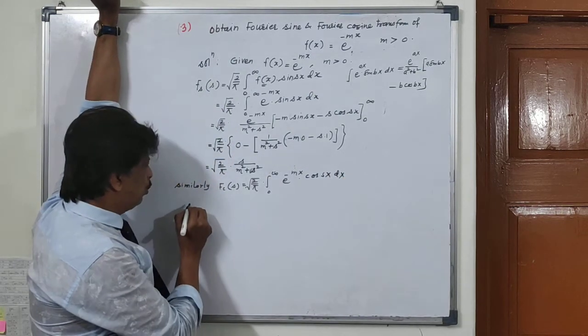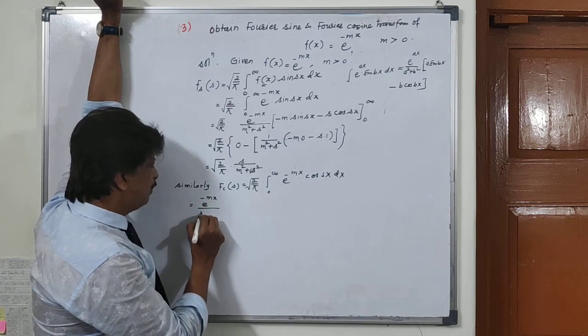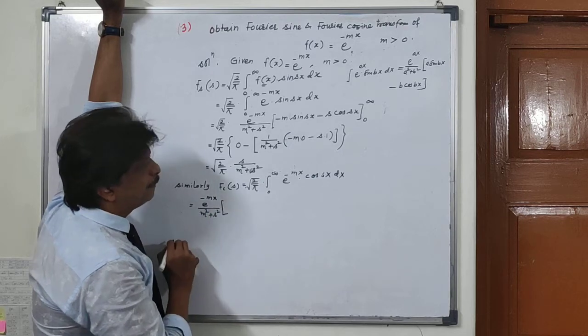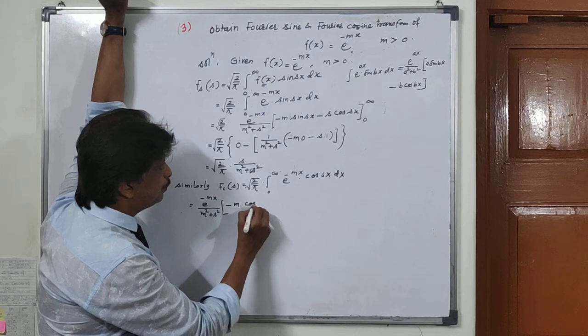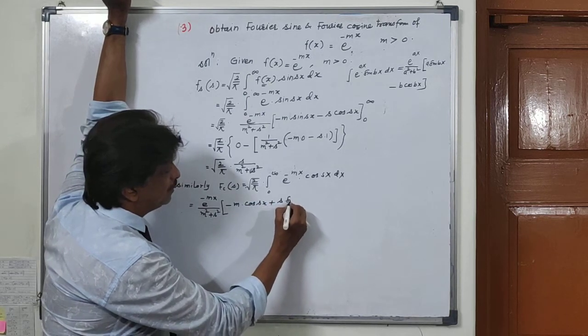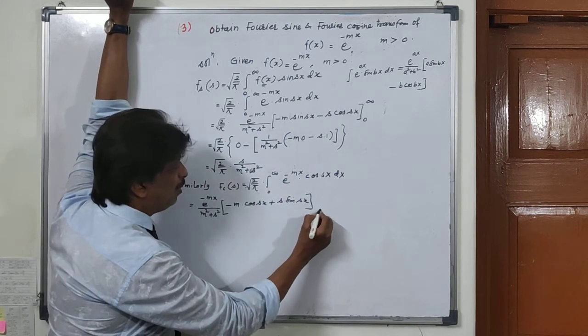That is further equal to e to the power minus mx upon m square plus s square times minus m cos sx plus s sin sx. Limits are from 0 to infinity.